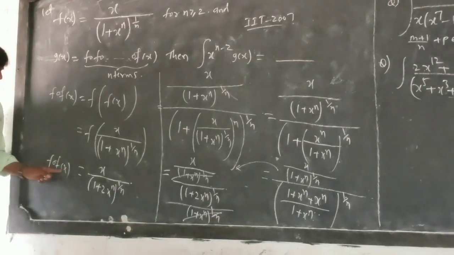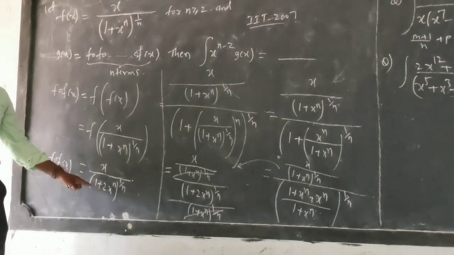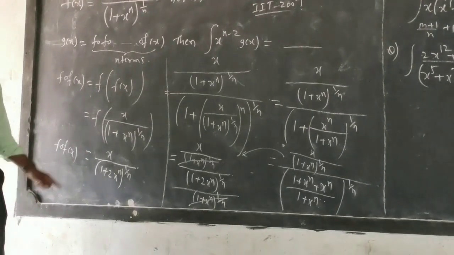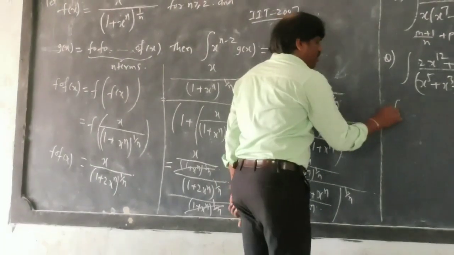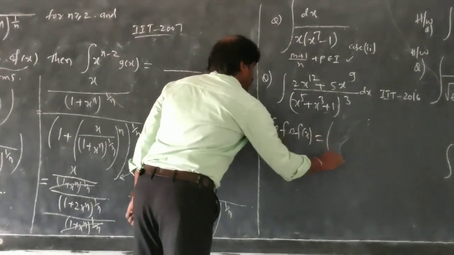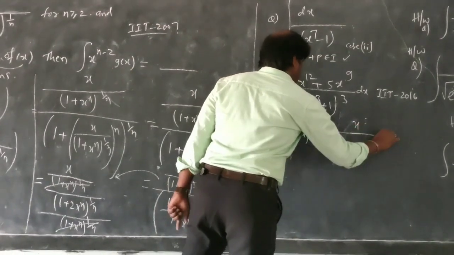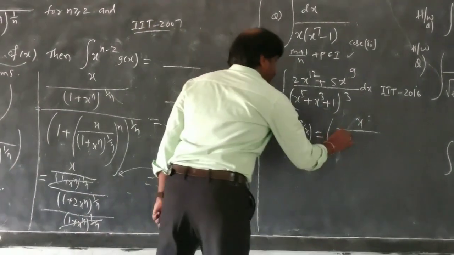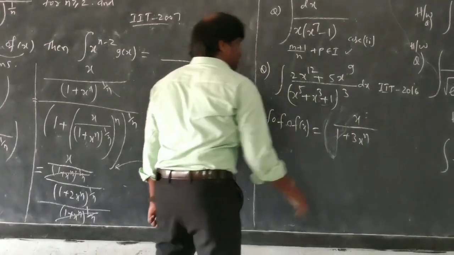So f of x I am getting this one. Understood? Then f of f of f of x will be how much? According to this, I get x upon (1 plus 3x power n). In the functions topic I explained these things.